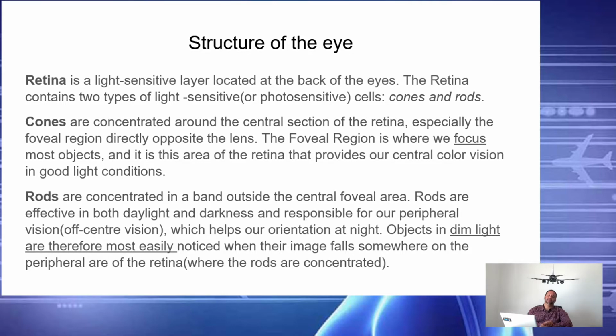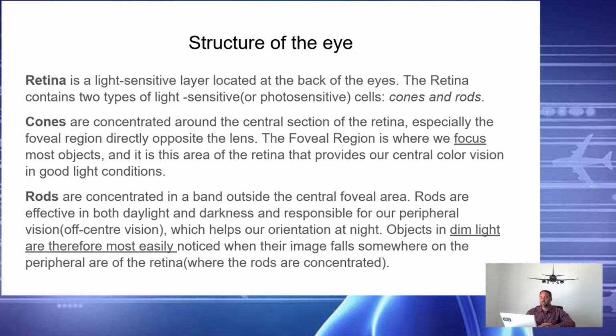Structure of the eye. Let's keep going. Retina is a light-sensitive layer located at the back of the eye. The retina contains two types of light-sensitive or photosensitive cells called cones and rods. Important to us pilots.